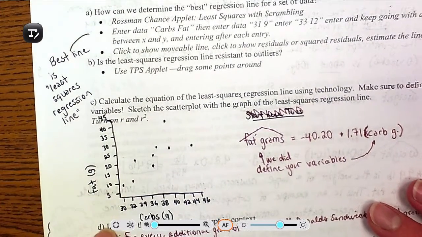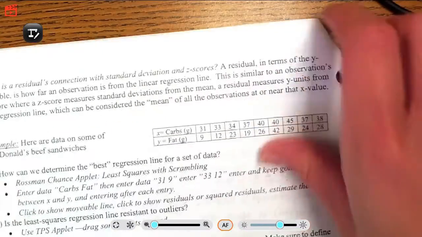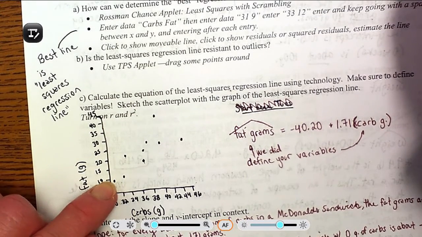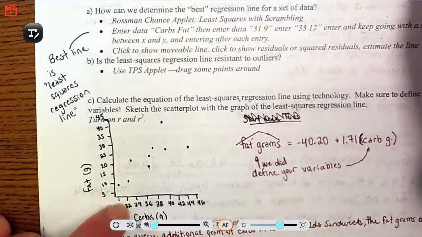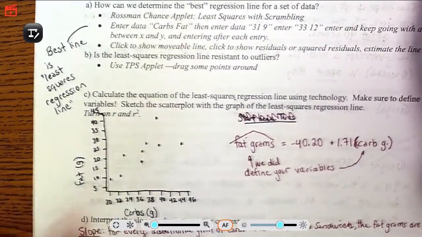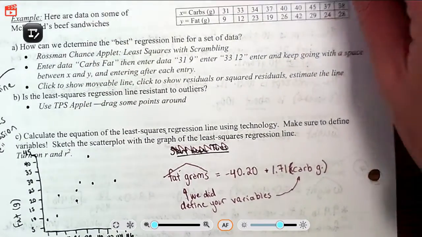And then I plotted my ordered pairs. So 31, 9, and so on. 33, 12 is the next ordered pair, so 33, 12, put a dot. And I put dots for all the ordered pairs, carbs and fat.